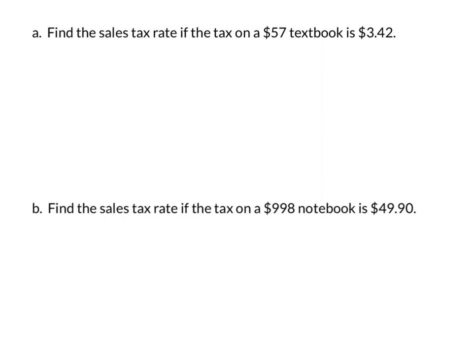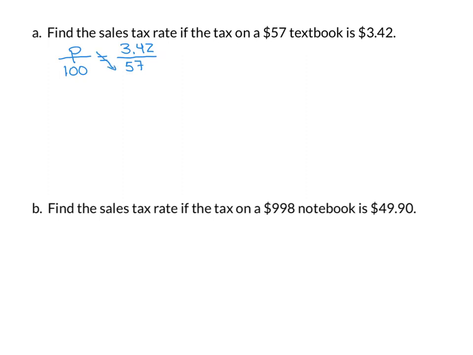So these are both sales tax rate problems. We have: find the sales tax rate if the tax on a $57 textbook is $3.42. So we're going to be looking for a percent. I'm going to put P over 100. My tax is $3.42, that will go on top. And my $57, which is the original price of the book, is going to go on the bottom.